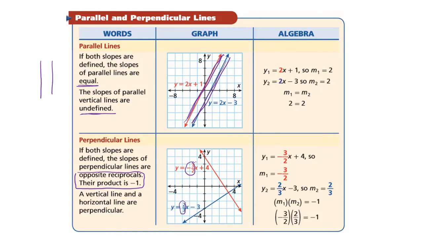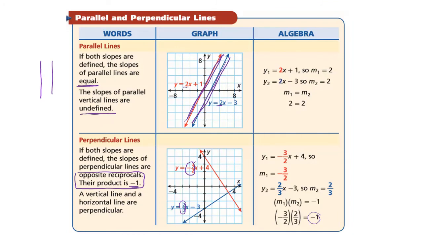And if you're not sure, when you multiply those together, you get -1, which is what they tell you right here. So parallel lines have the exact same slope, and perpendicular lines have slopes that are opposite reciprocals.